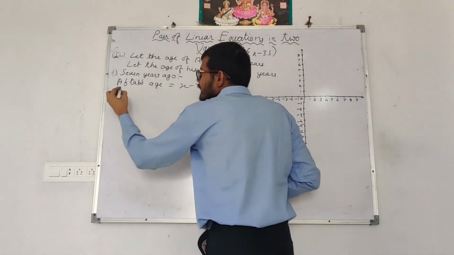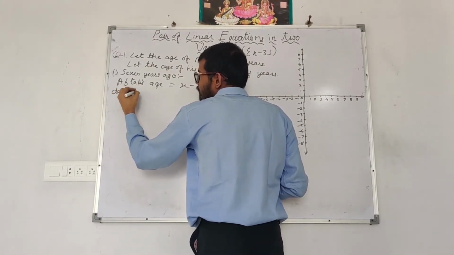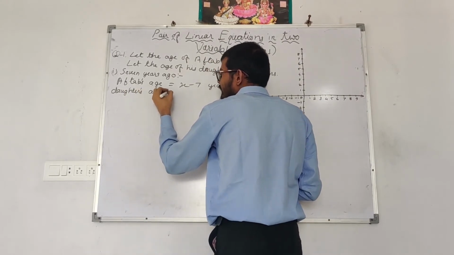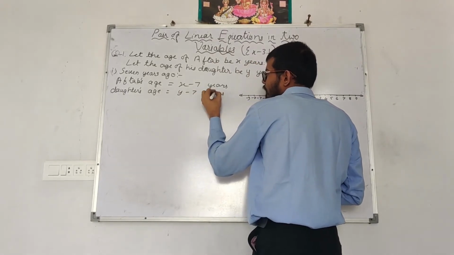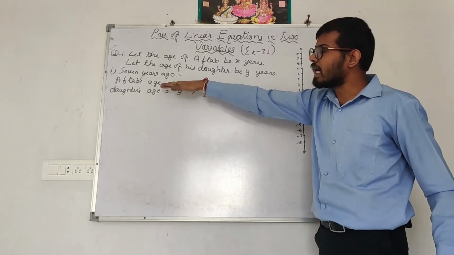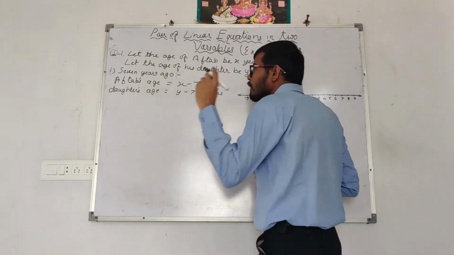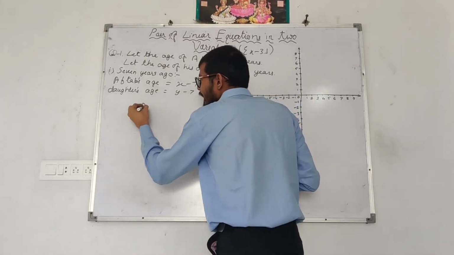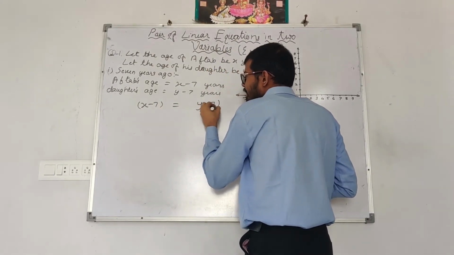And similarly, his daughter's age will be y minus 7 years. Okay, now we found the ages of Aftab and his daughter 7 years ago. Now we have to find an equation. So for an equation, both expressions should be equal to each other. So x minus 7 should be equal to y minus 7.